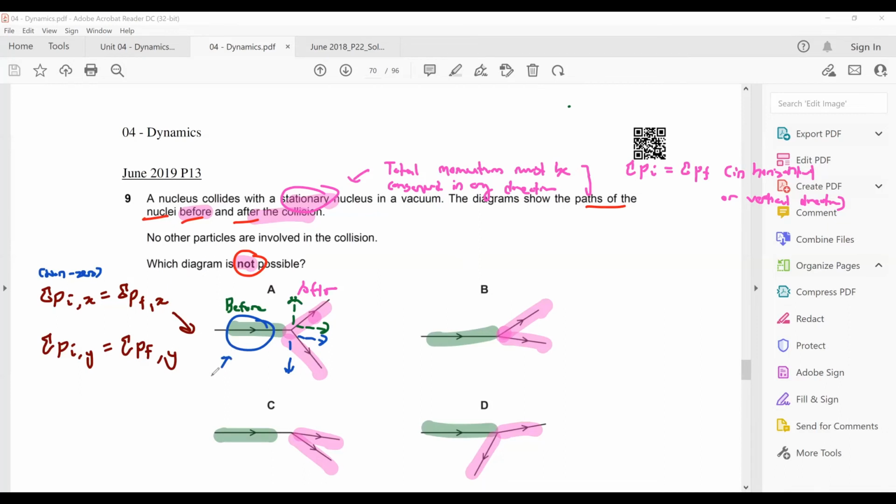So the initial momentum horizontally cannot be zero, because I have motion here. If I have motion, there should be some sort of initial momentum.